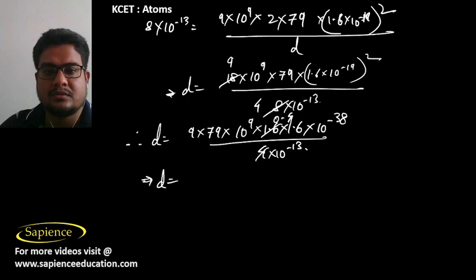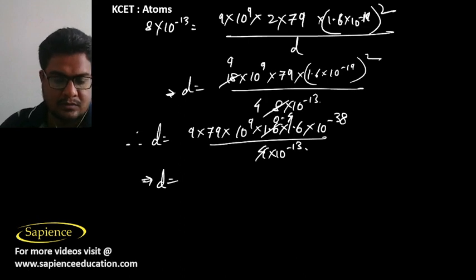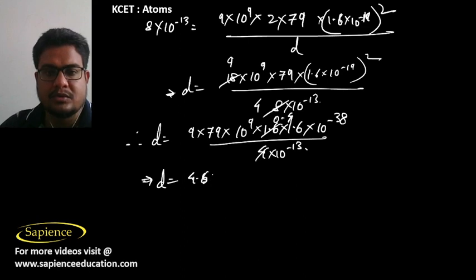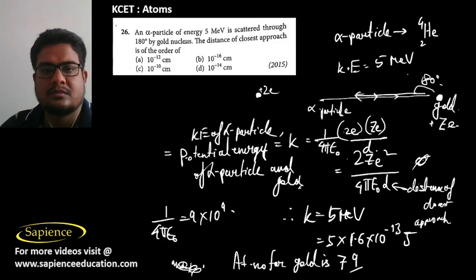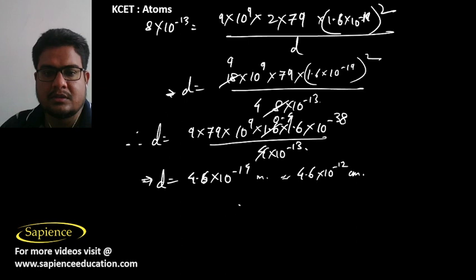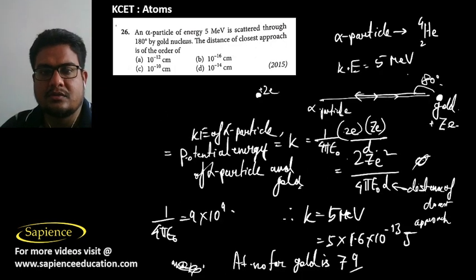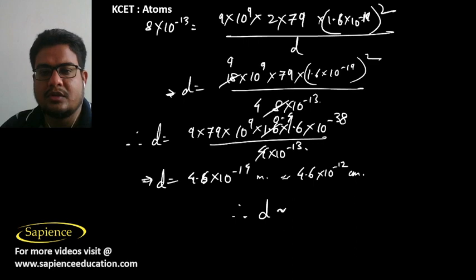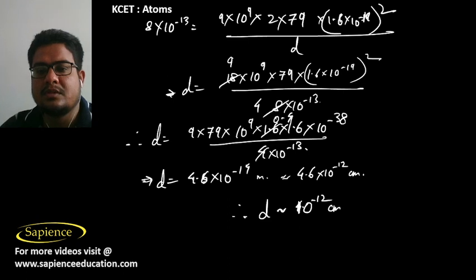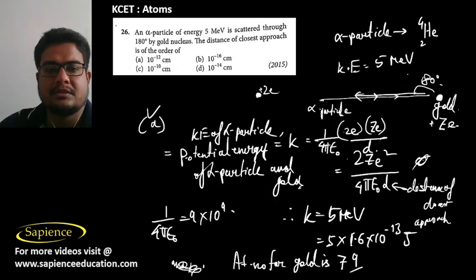So if we solve it, that will be approximately 4.6 into 10 power minus 14 meter, which is approximately 4.6 into 10 power minus 12 centimeter. So the distance of closest approach d is of the order of 10 power minus 12 centimeter. So option A is the correct answer.